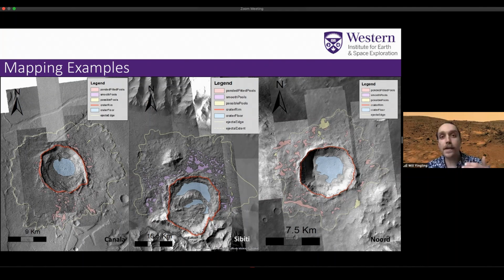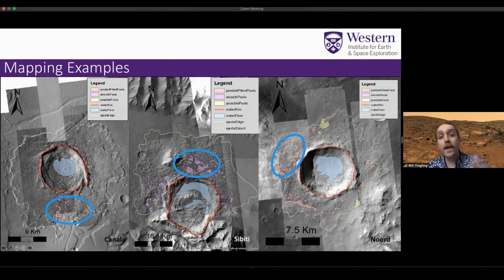So for mapping examples, we have a couple of examples here of craters that I've mapped on Mars. The colors aren't necessarily too important in this case, just that the melt distribution is the important part. So we can see the clusters of melt distribution, and we can decide where the melt distribution is that way.